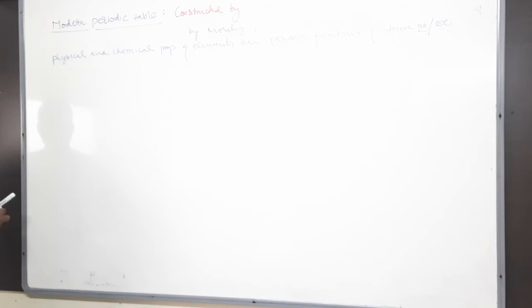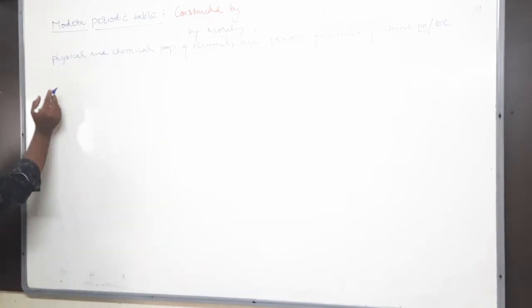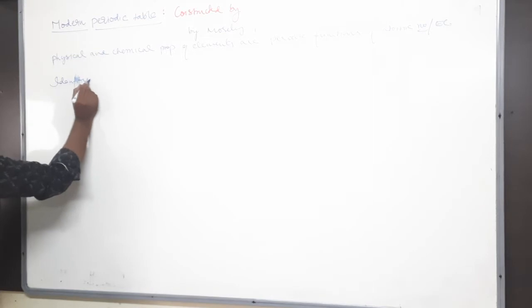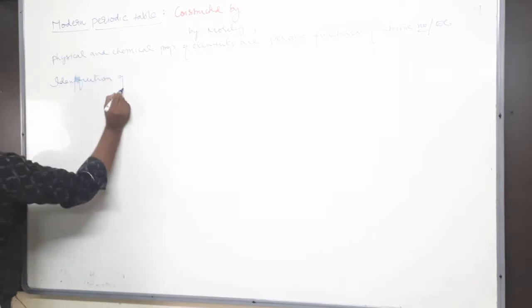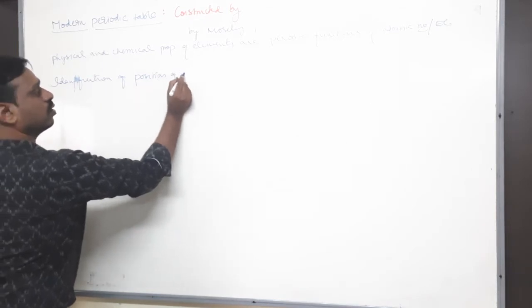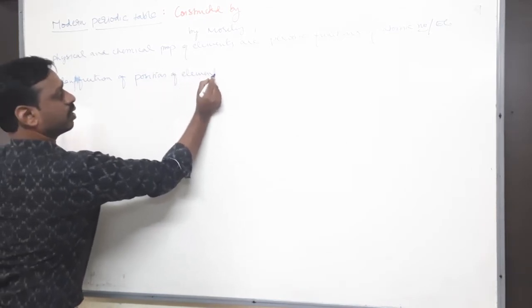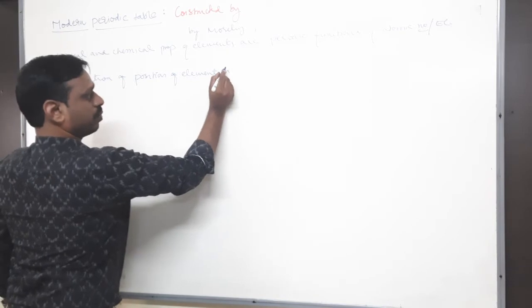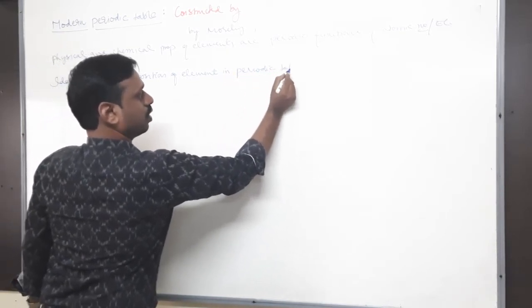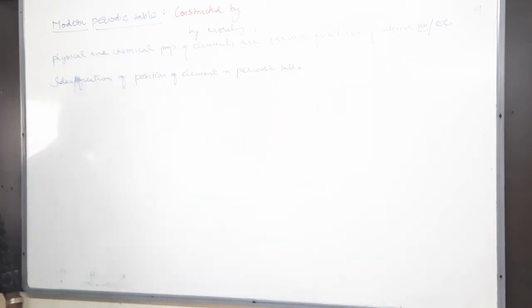So let's see. First is identification of position of element in the periodic table. In the periodic table, an element belongs to which period, which group, and which block.